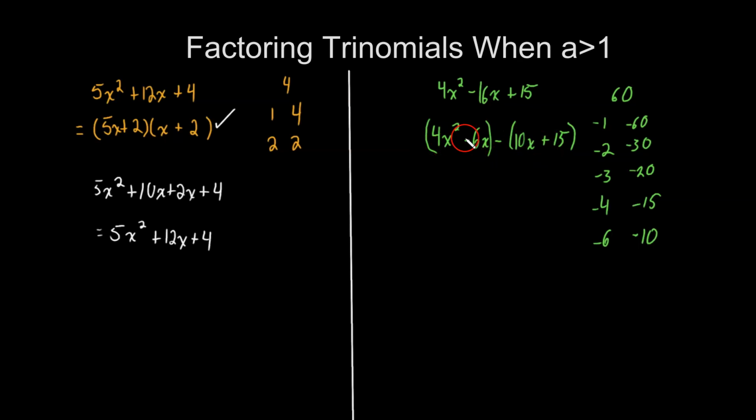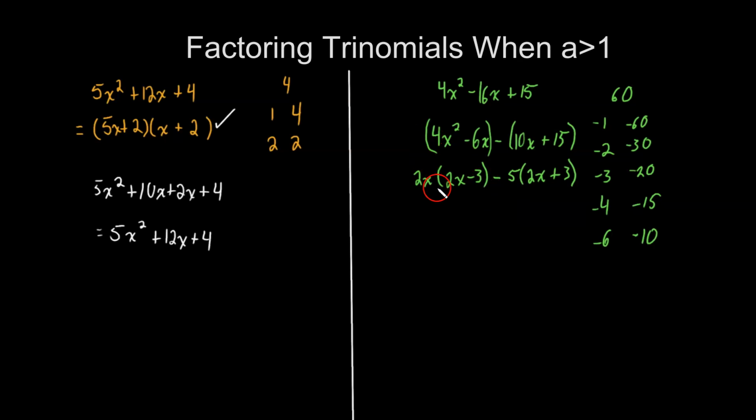The greatest common factor between 4x squared and 6x is going to be 2x, and what we'd be left with on the inside would be 2x minus 3. Then minus, and what's the greatest common factor between 10x and 15? That'd be 5, and on the inside we'd be left with 2x minus 3.